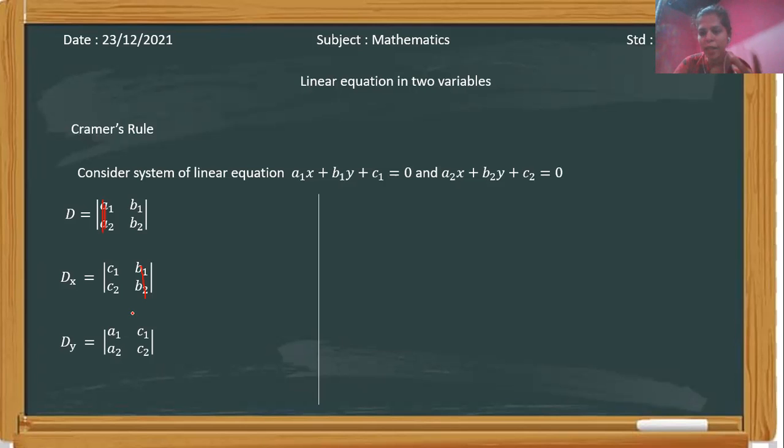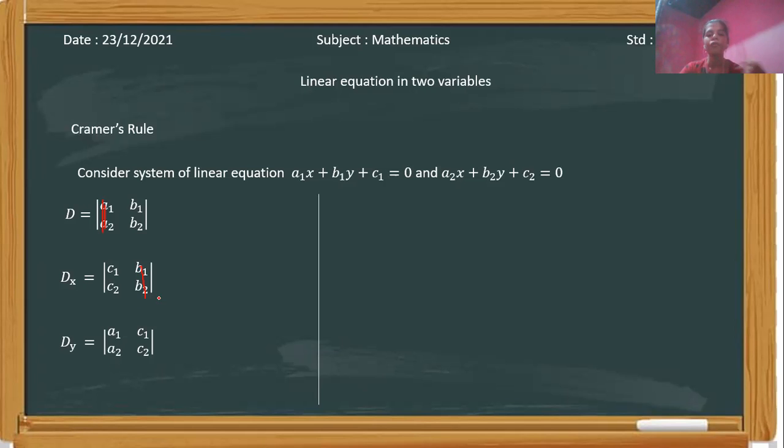In the second step, we find the determinant of x, where we remove the coefficients of x and substitute the constants in their place. In the third step, we find the determinant of y, where we remove the y coefficients, which are B1 and B2, and substitute the constants C1 and C2. And we will find the determinants of all three.